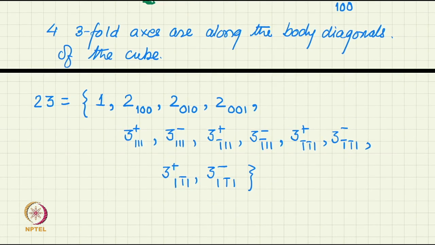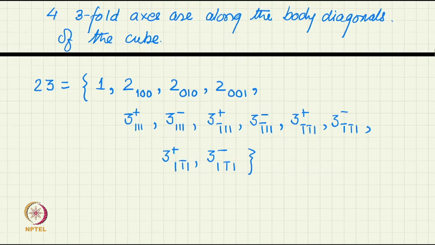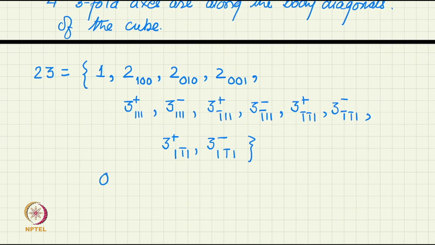So, you can see that there are 8 threefold rotations, 3 two-fold rotations and 1 identity. So, it is a group of order 12. So, this is the largest group we have come across till now. The order is 12.